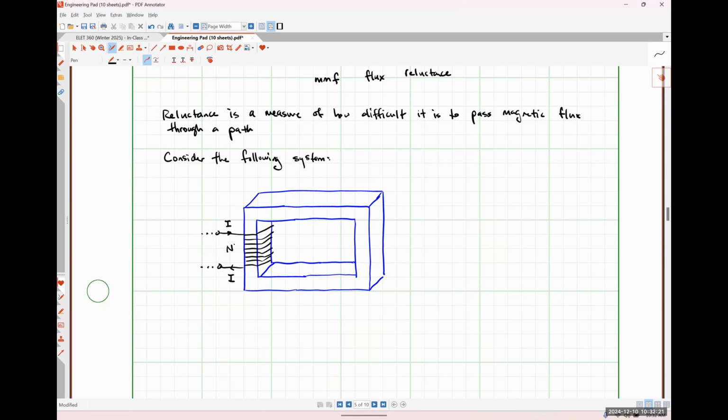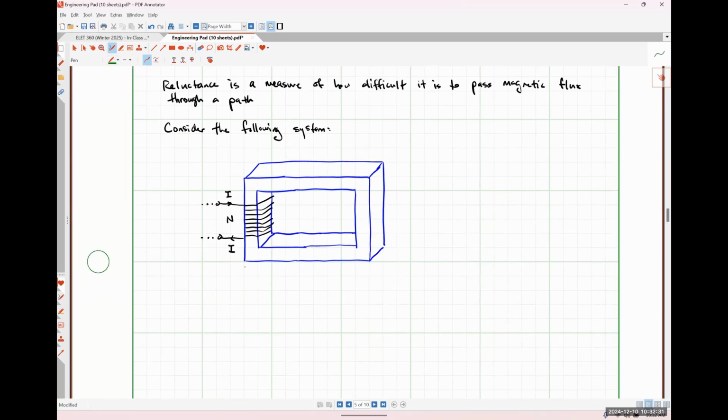So I'm going to define some dimensions for this particular thing. I'm going to do those in green. So let's say that this is the length of our core material. So I'm going to call this L1, bless you. This dimension will be the thickness of our core material. This will be a second length, so let's call this L2.